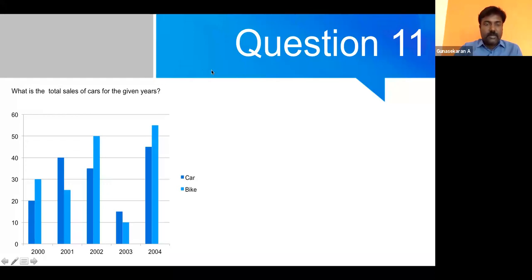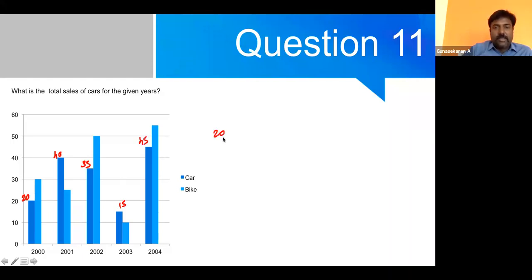Direct question. What is the total sales of car for the given years? Total sales of the car. We just need to add these values.